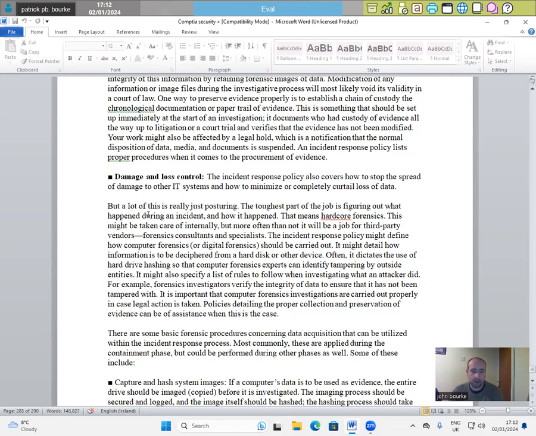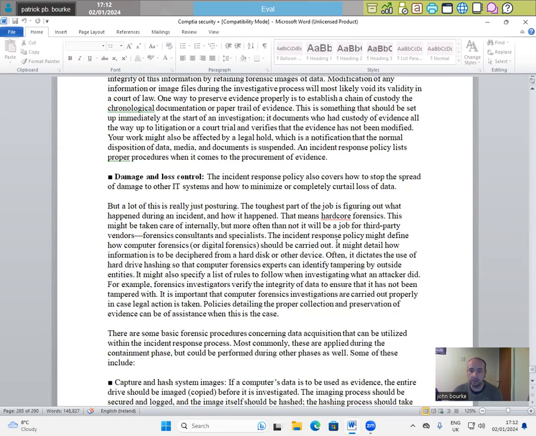But a lot of this is really just posturing. The toughest part of the job is figuring out what happened during the incident and how it happened. This means hardcore forensics. This might be taken care of internally, but more often than not, it'll be a job for third-party vendors, forensic consultants, and specialists.